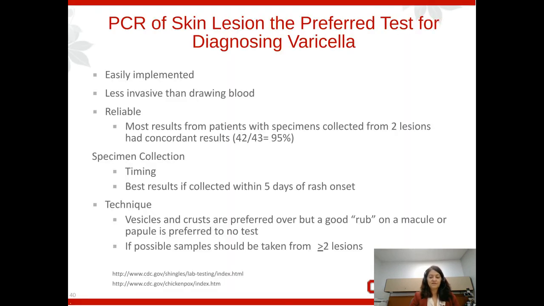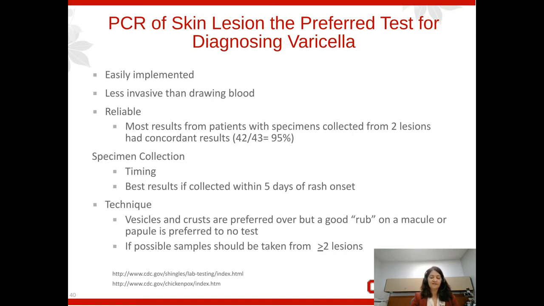One of the easiest ways to diagnose varicella is by PCR of the skin lesions, the preferred test. We know it's easily implemented and less invasive than drawing blood. Specimens need to be collected from lesions, generally early in infection, within 5 days of rash onset, because that's when there is large replication of virus.